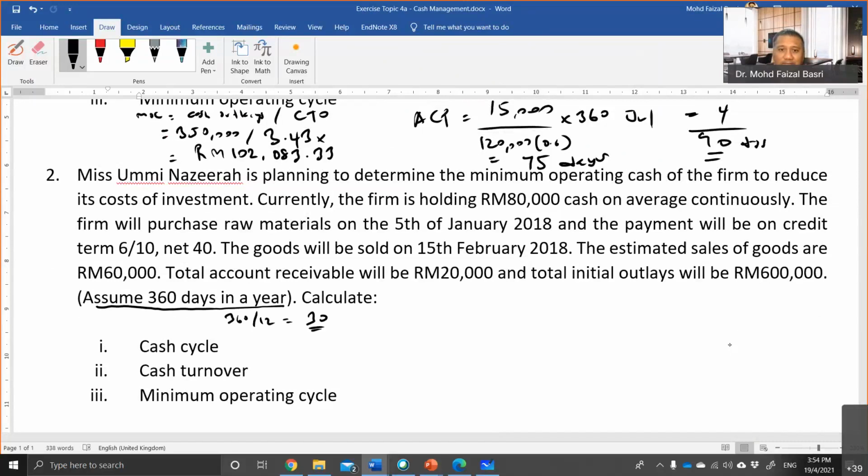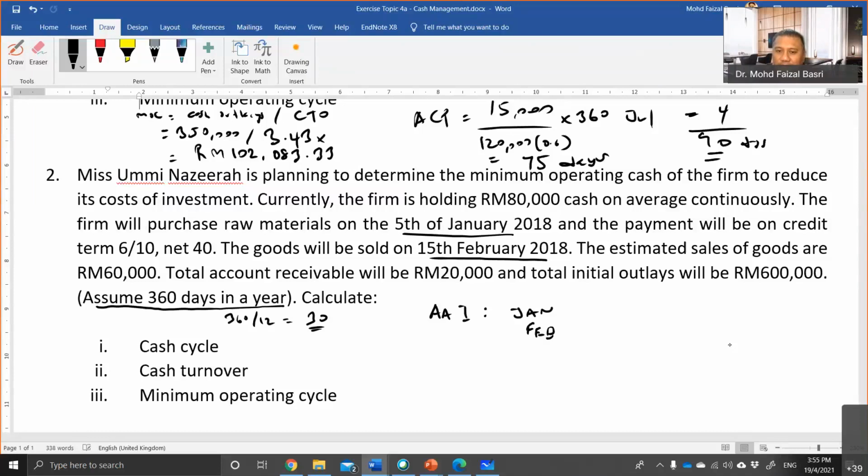So the implication of this is in the calculation of AAI. Okay, so we know the raw material is purchased on the 5th of Jan, and the goods will be sold on the 15th of Feb 2018. So we have Jan and February only, 2 months.